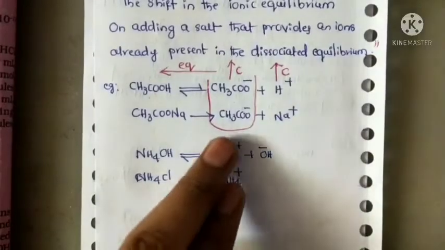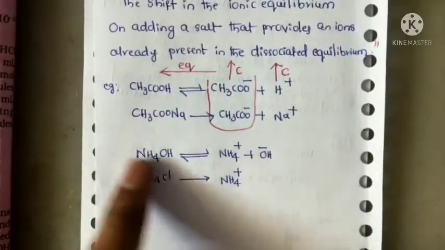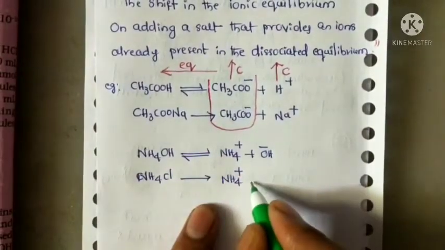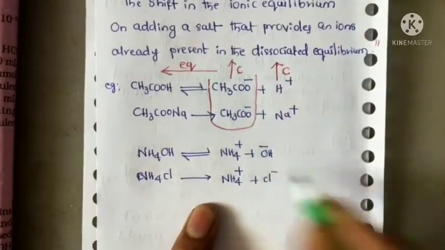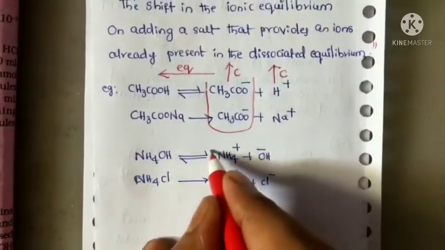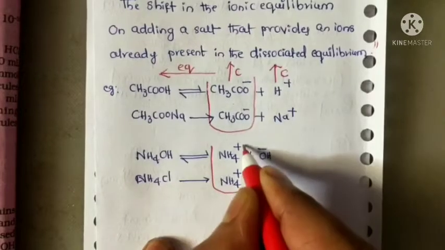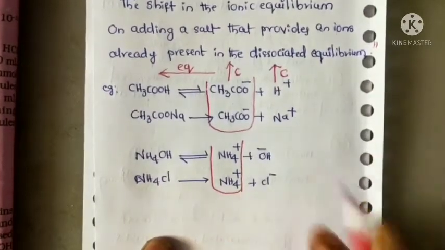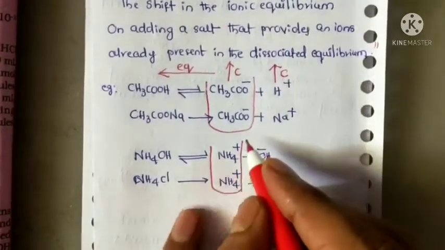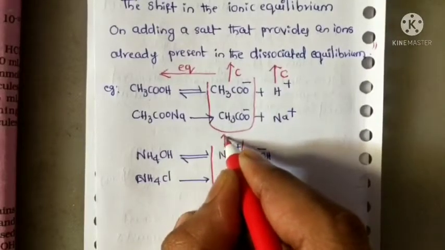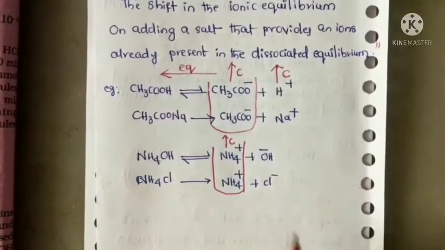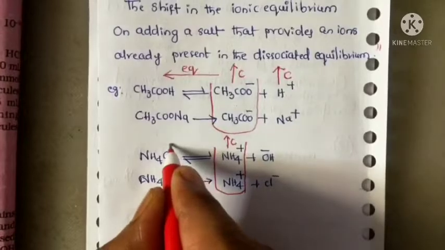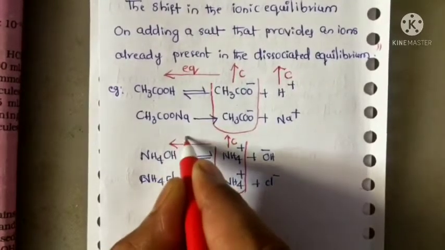The ammonium ions and chloride ions are common ions. Due to the presence of common ions, the concentration of ammonium ions increases. That's why the ionic equilibrium will be shifted to the left side.